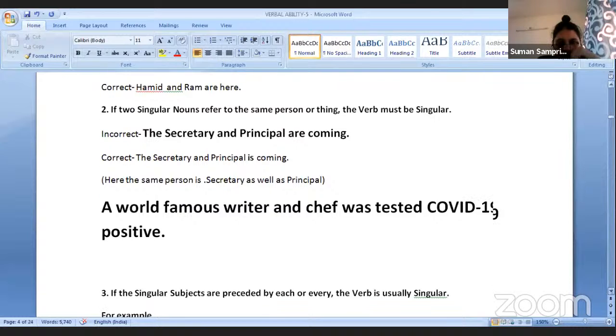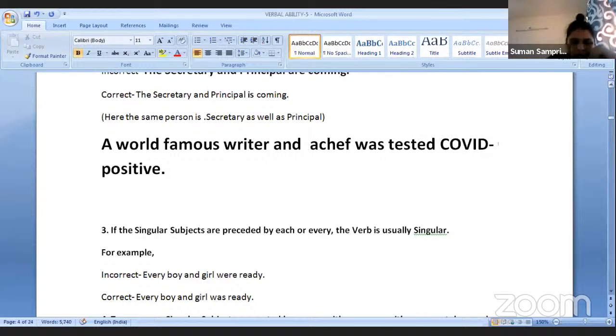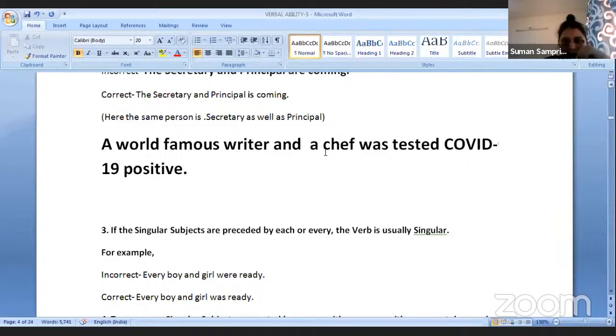तो और एक एग्जांपल मैं आपको देती हूँ. जैसे हमने ये वाला सॉल्व किया था, that a famous writer and chef was tested COVID-19 positive. A famous writer and chef. अगर मैं यहाँ पे "a chef" लिखती हूँ तो it will mean that famous writer और chef दोनों अलग अलग बंदे हैं.